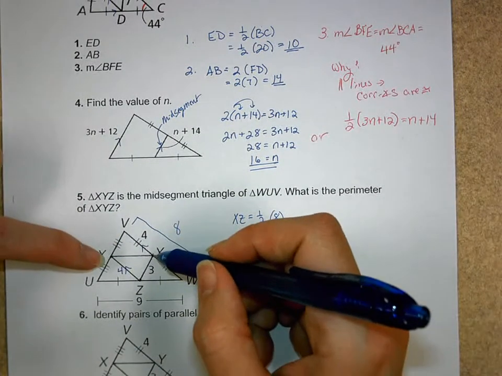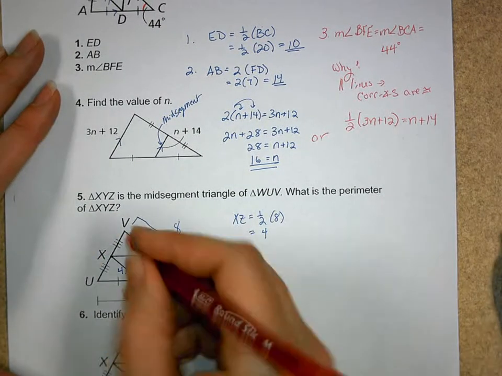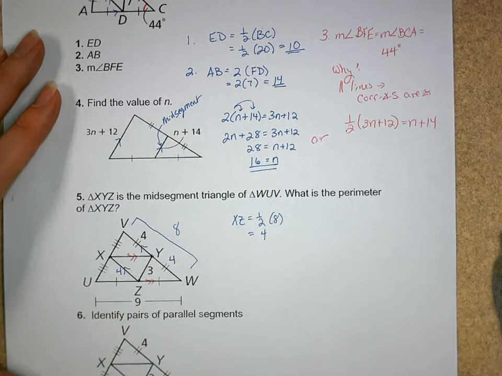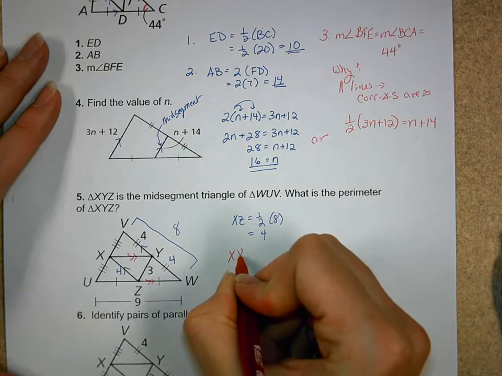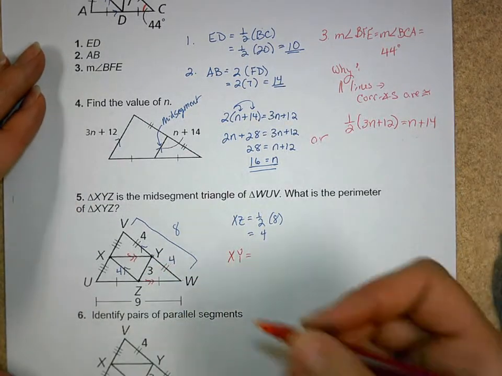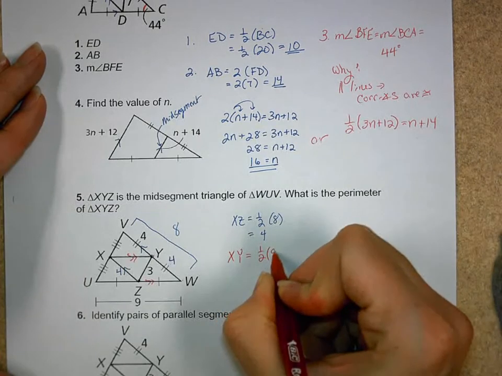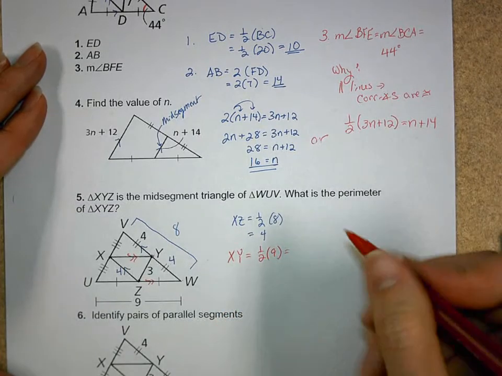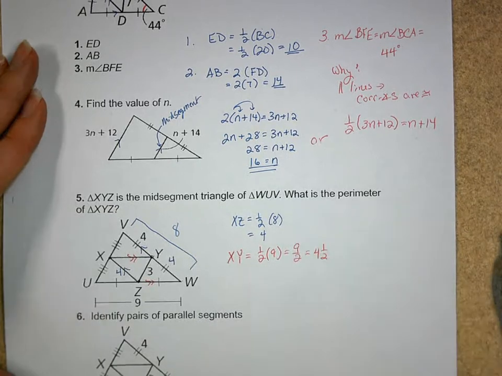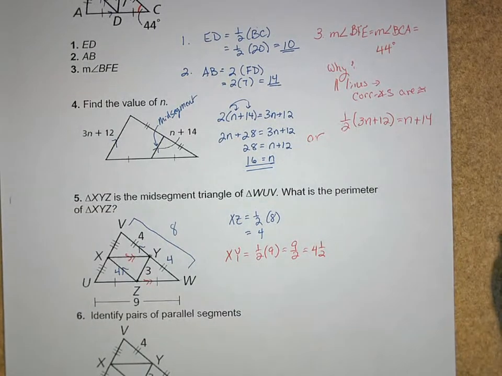Now I do the same process for XY. XY is going to be parallel and half the length of segment UW. So I'm going to go 1/2 of 9. And I think for most of you, it's better if we say 9 over 2, you say it's 4.5. Now you'll see why in just a second.